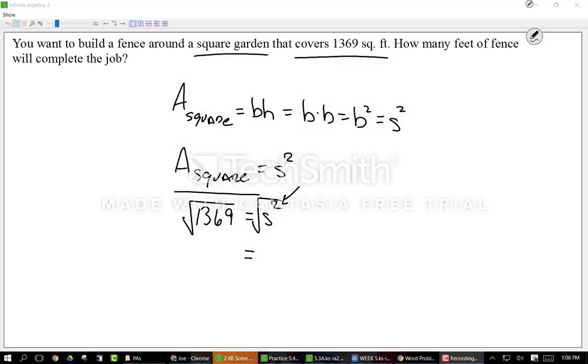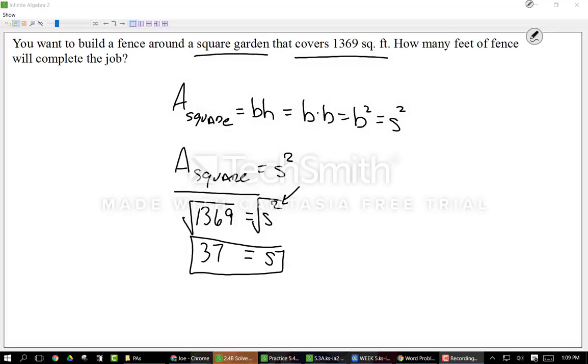The square root of s squared is s. Remember, whenever I square root a square, just one of them pops out, so it's s to the first power. And the square root of 1,369 is 37. So that's the length of a side.